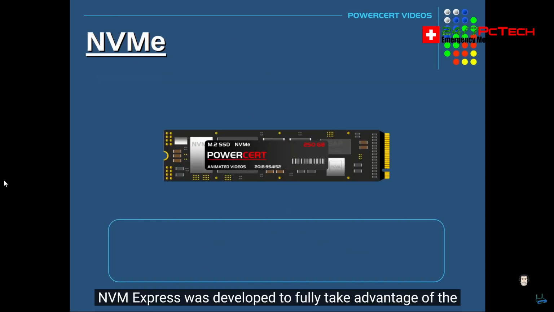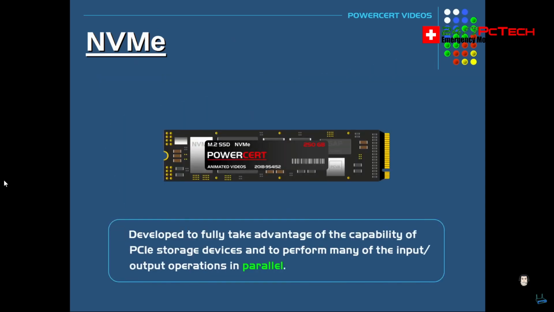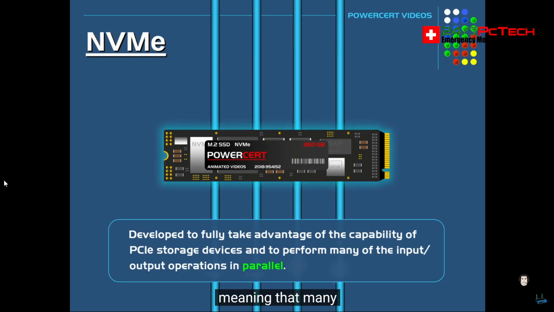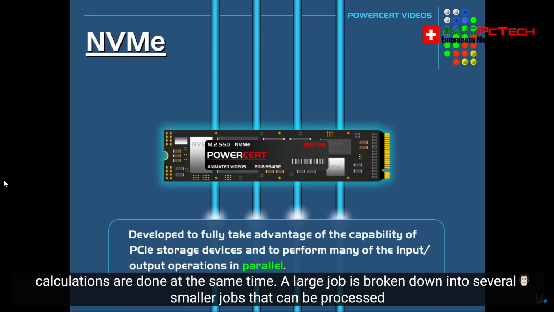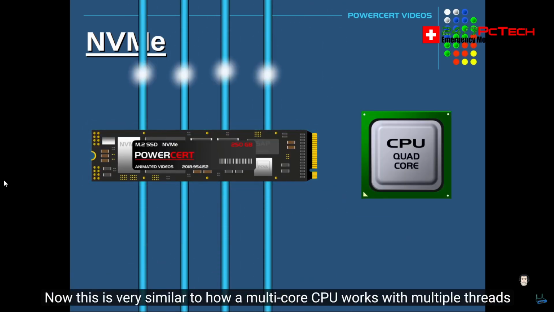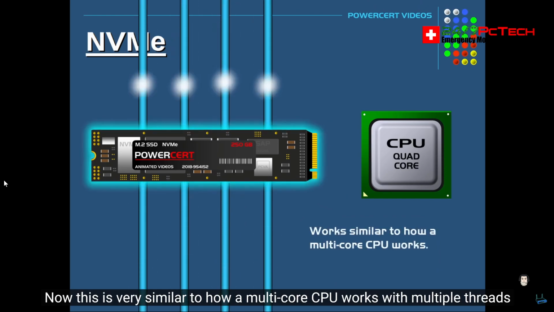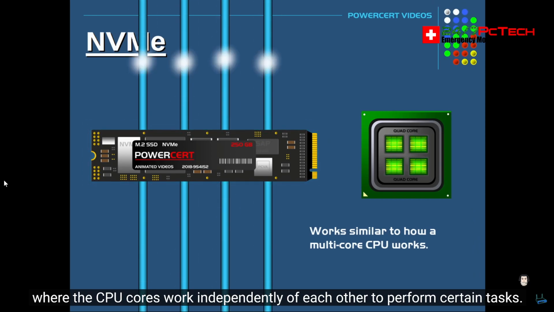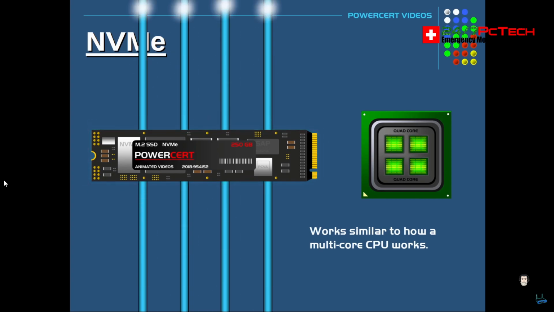NVMe Express was developed to fully take advantage of the capability of PCI Express storage devices and to perform many of the input-output operations in parallel, meaning that many calculations are done at the same time. A large job is broken down into several smaller jobs that can be processed independently. Now this is very similar to how a multi-core CPU works with multiple threads, where the CPU cores work independently of each other to perform certain tasks.